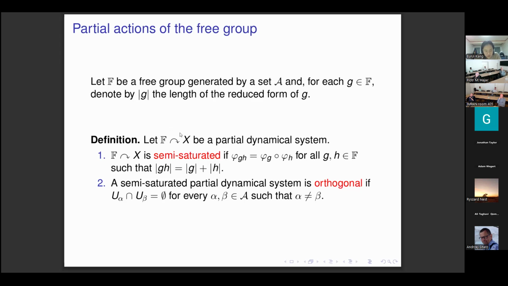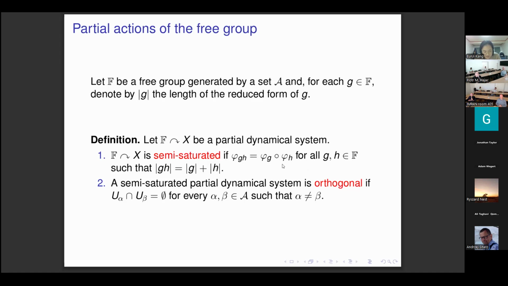Suppose the free group F acts partially on a space X. Then we define two important properties of such a partial action. The action is called semi-saturated if whenever two elements g and h of the group multiply without cancellation, meaning the length of gh is exactly the sum of the length of g and the length of h, then the action of gh is just the composition of the actions of g and h.